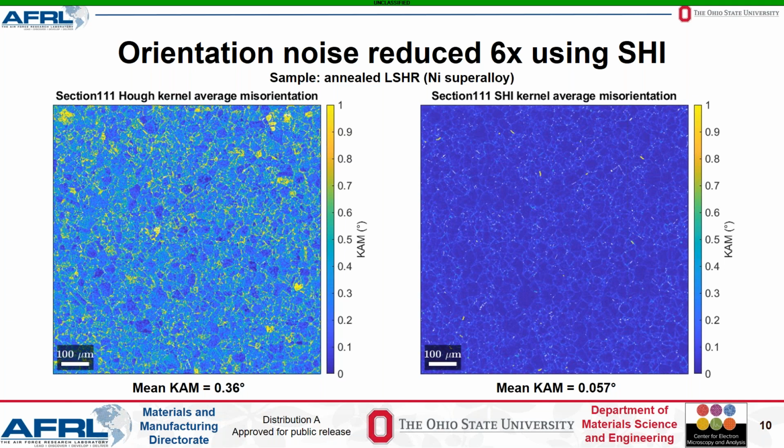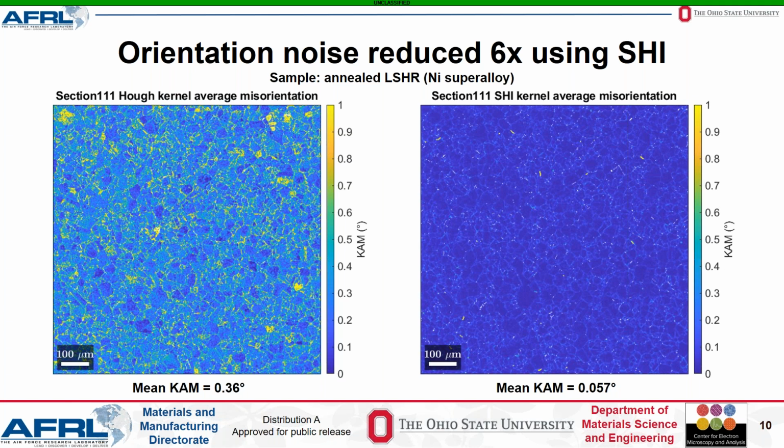Any individual misorientations above a certain threshold are discarded prior to said averaging in order to avoid comparing data points that cross grain boundaries. Now, this sample was annealed and not expected to have any significant orientation gradients, but the Hough data still displays significant CAM values due to its general imprecision.